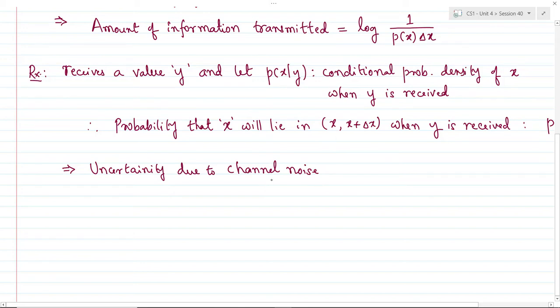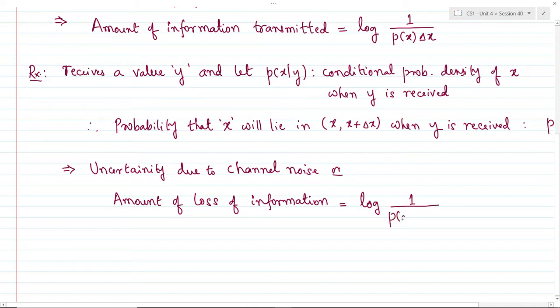There is an uncertainty involved due to the existence of noise in the channel. So the amount of loss of information can be written as log of 1 over the probability.